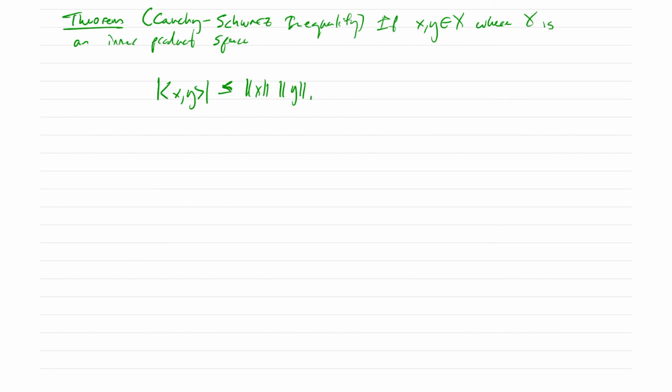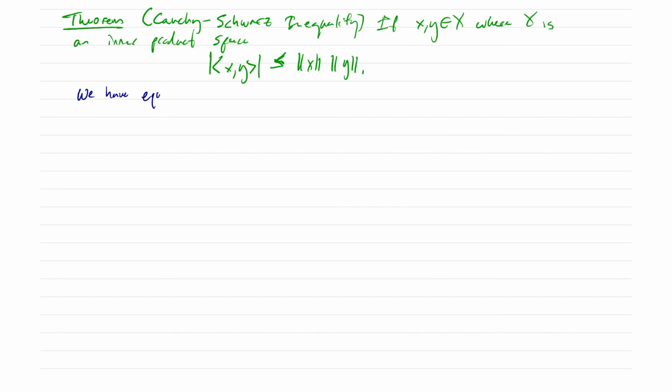So this is a super important theorem. It's used every single time I ever pull out a Hilbert space. And in fact, it might even be the whole point of Hilbert spaces themselves. Something the book doesn't mention here, and it would be nice to mention, is that we have equality if and only if x is parallel to y.